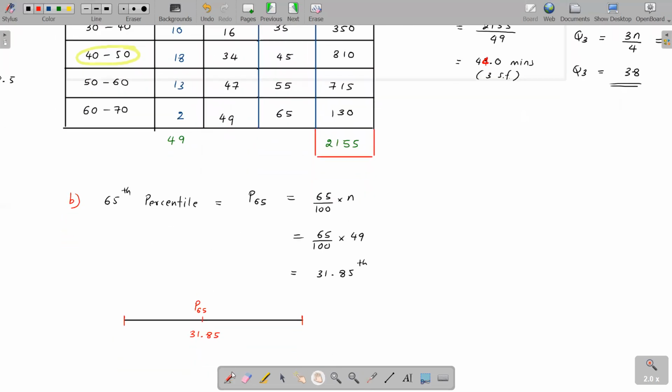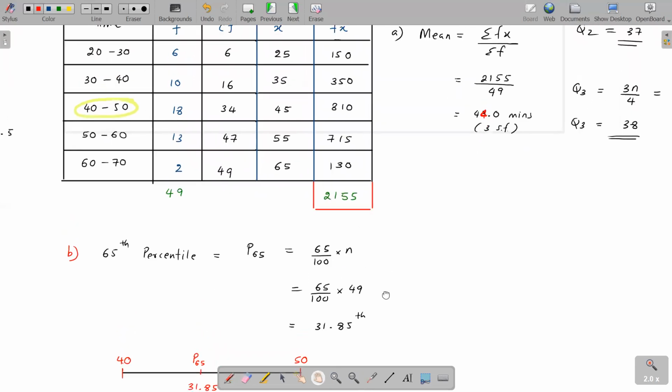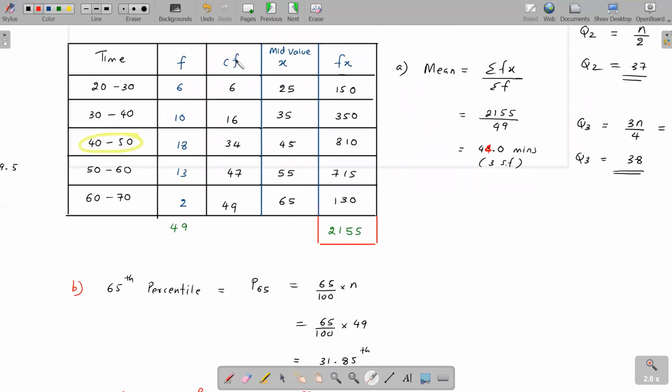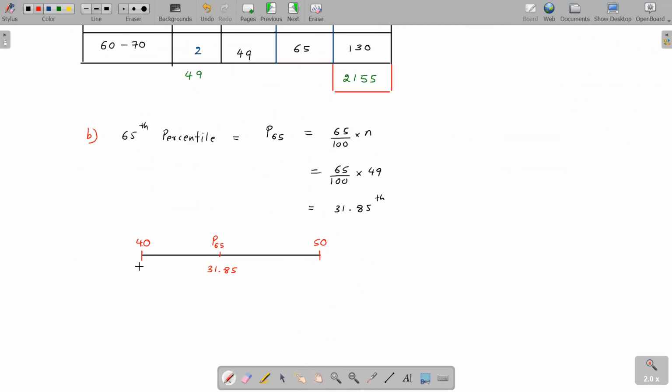So P65 is between 40 and 50. And what are the two cumulative frequencies in between? Look at the cumulative frequency column. 31.85 is between 16 and 34, right? It's in between 16 and 34.